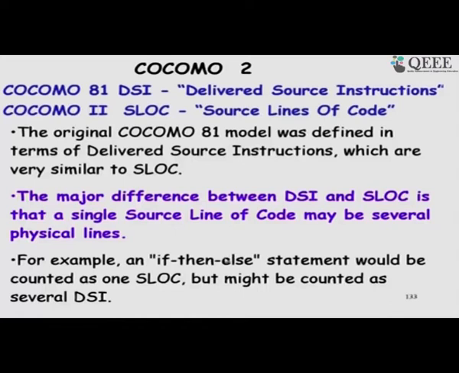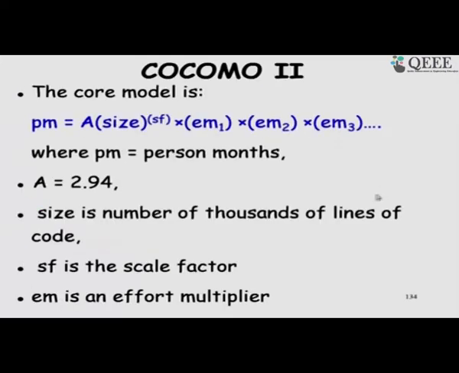For example, if we have an if then else statement or a switch statement, then these are considered as one line of code, source line of code, the if then and switch statements. Whereas, if we use DSI, then you just count how many physical lines are there. So, that is one difference. In COCOMO 2, we consider source lines of code in the post architecture phase.